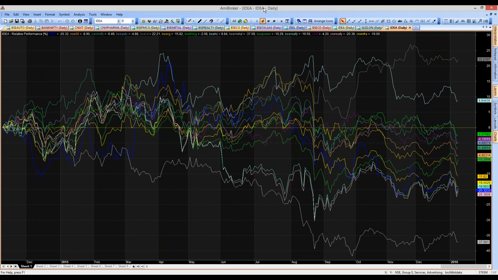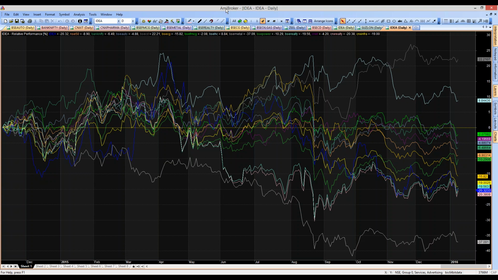Essentially, this is a relative performance chart of all the sector indices that we have data for. Not everything, the new thematic ones are not there in this, but all the other traditional ones that we've been looking at for many, many years are all there.